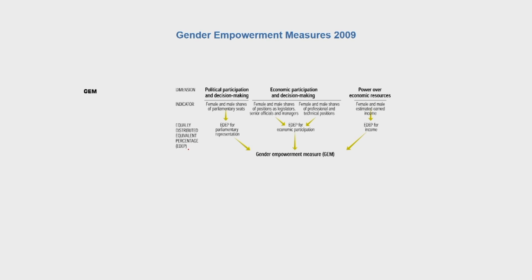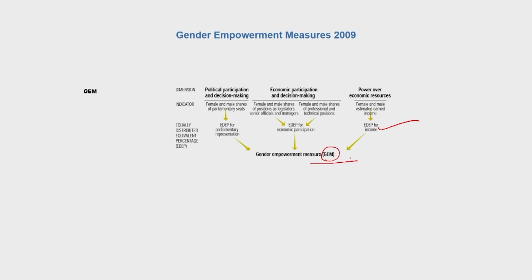An income variable is used to reflect the third variable, power over economic resources, and it is calculated in the same way as for the GDI, except that unadjusted rather than adjusted GDP per capita is used. These three indices are then added together to derive the final GEM value. Unlike in the case of GDI and HDI, where we were averaging out the dimension indices for calculation of an index, here, if you note, this is not an index but a measure.